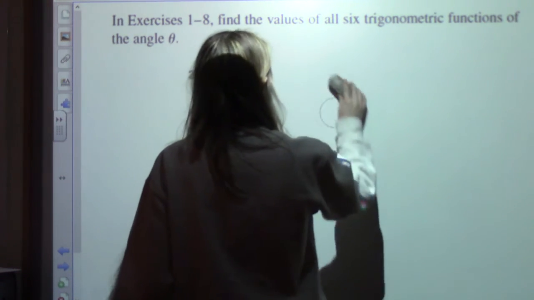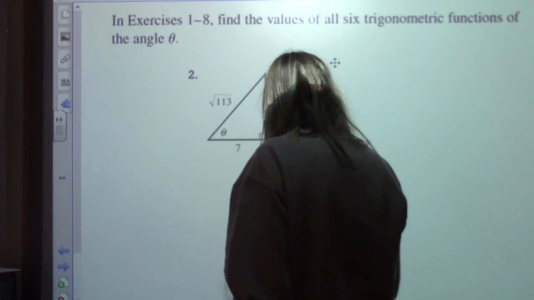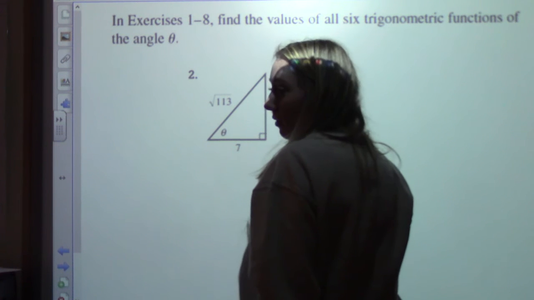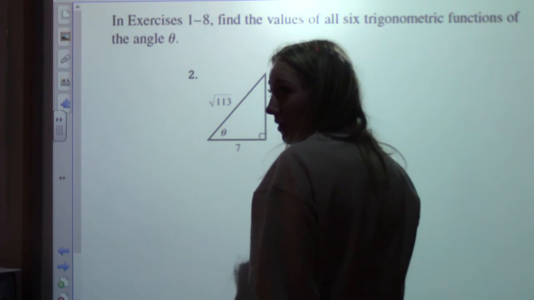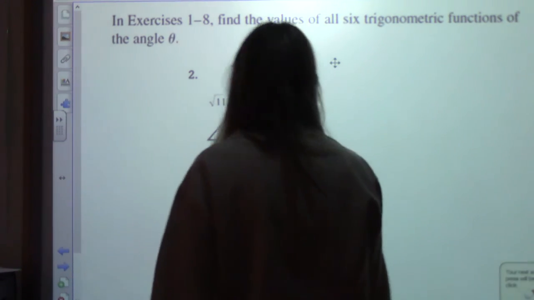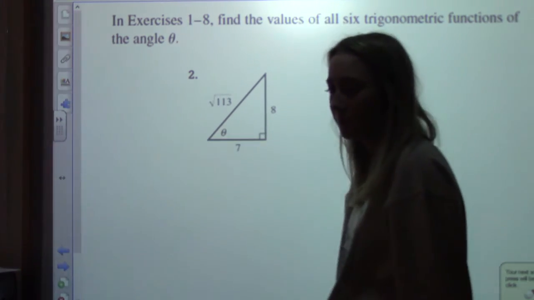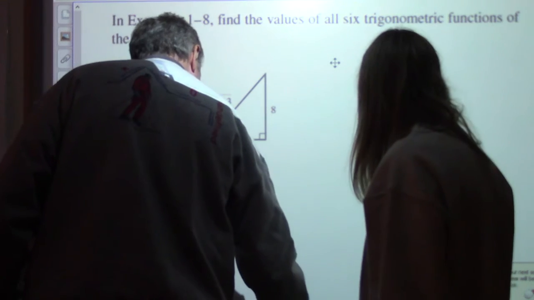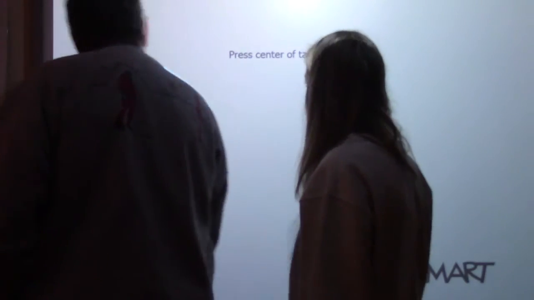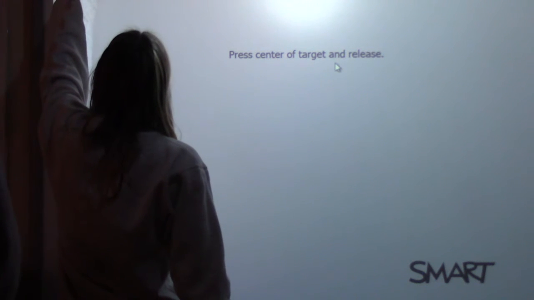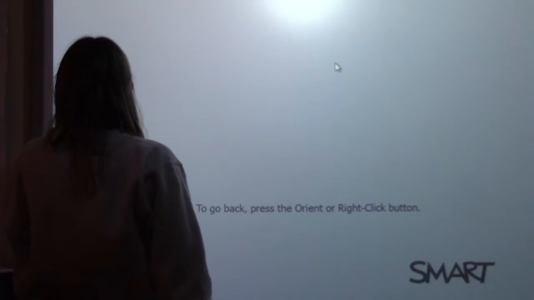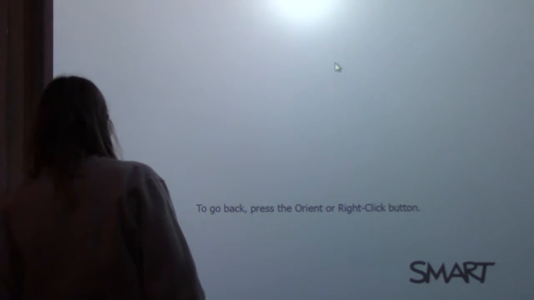Yes, let's say recalibrate, recalibrate, recalibrate, and press the set. Do I use my finger or do I use the pen? You can use your finger too. You might be able to get it more accurate.